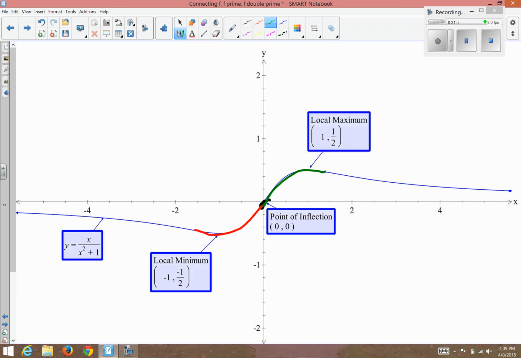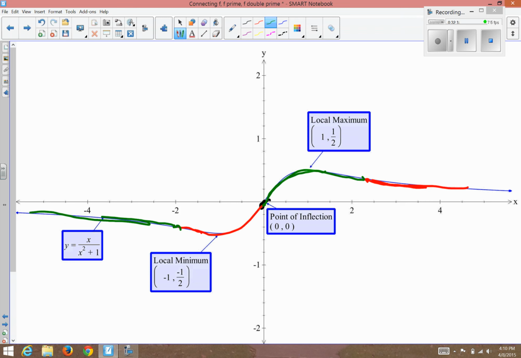And the other two inflection points are over here somewhere, because there is a change in this graph from concave down. Somewhere along the way it changes back to concave up. Same in this direction. This red thing is concave up, but it does change somewhere to concave down.